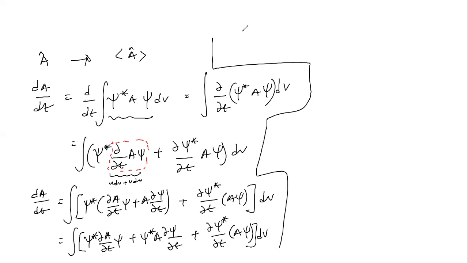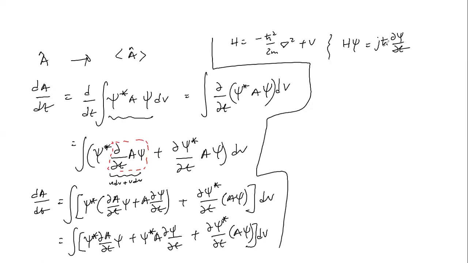Now, if you recall the Hamiltonian operator, we already showed that it is given by negative h cross squared over 2m del squared plus V. Okay, and if you also recall the Schrodinger equation, we showed that the Hamiltonian operating on the state function is the same as j h cross d psi/dt, which is the equation of motion.